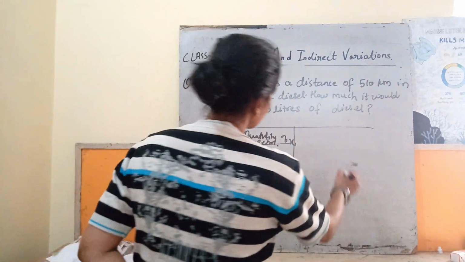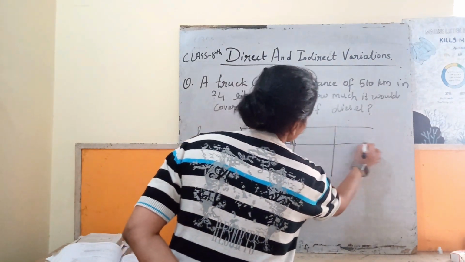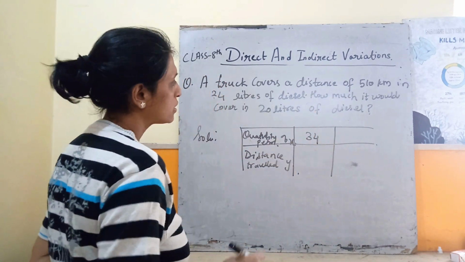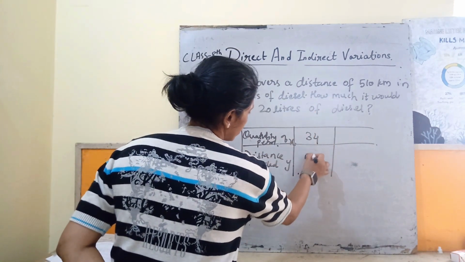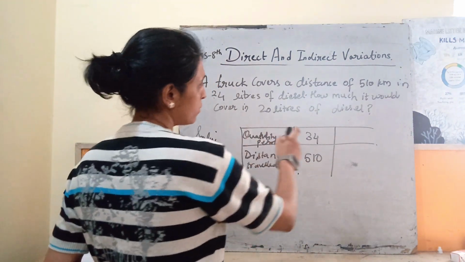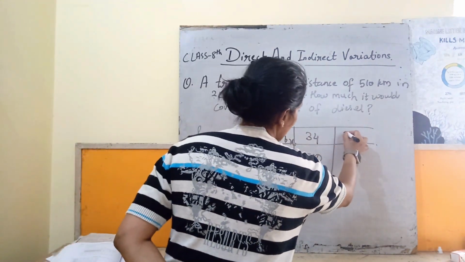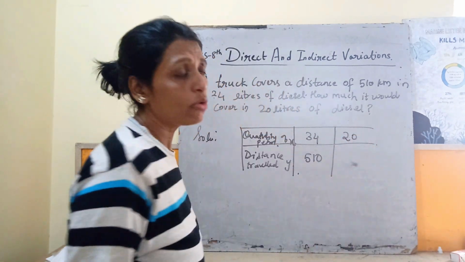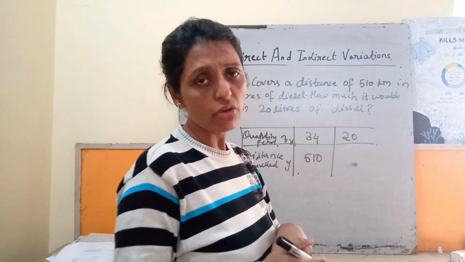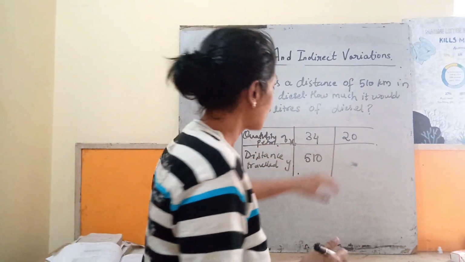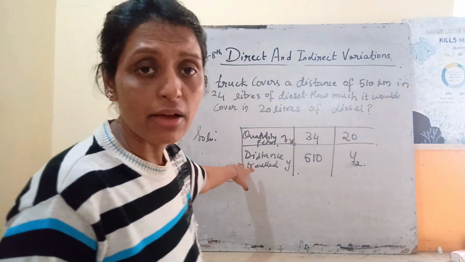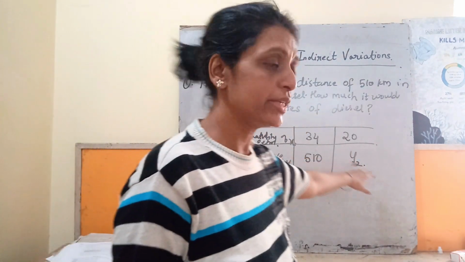What is the first condition given? That in 34 liters of petrol, the distance covered by the truck is 510. In the second part, we have to find out how much distance the truck travels when it has 20 liters of petrol.